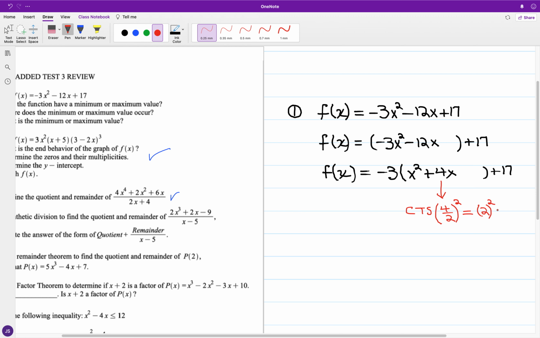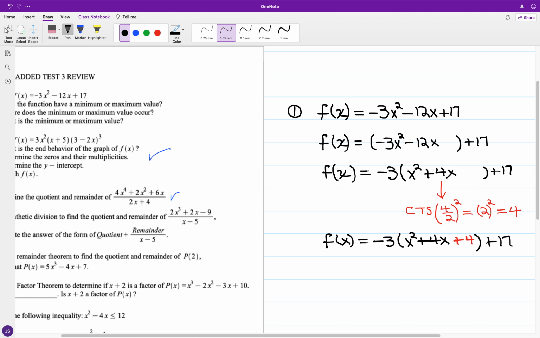And the square of 2 is going to be 4. And we have for f of x, negative 3 times the quantity x squared plus 4x, and we have plus 4 to follow. And we have plus 17.